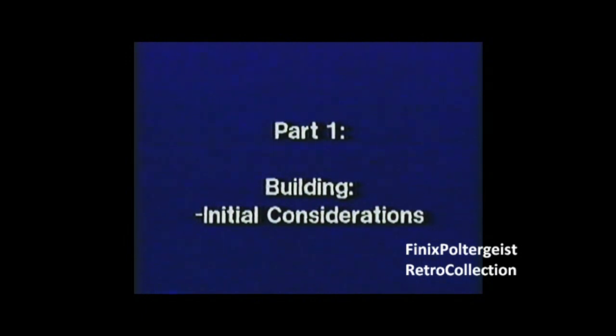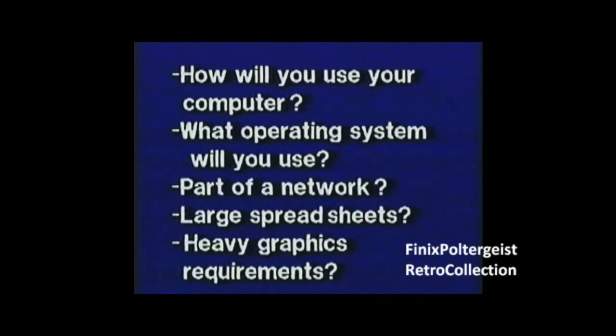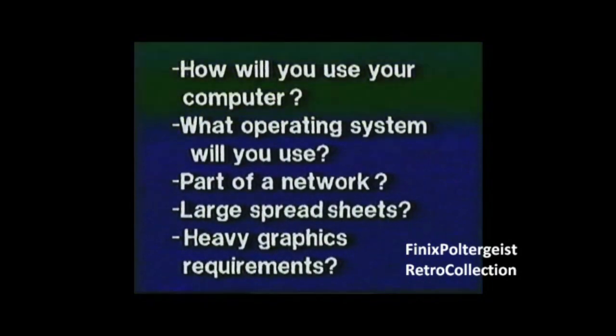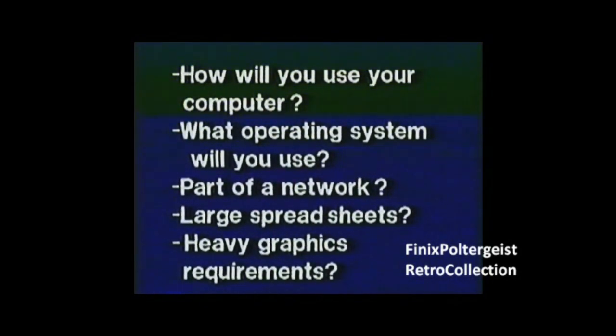If you're going to be building a computer with the aid of this tape, you should have made some essential decisions before you start. You should know generally how your new computer will be used and what type of software you will be utilizing. Will you be using your computer for home or business? Will you be using applications with a graphical user interface? Graphics-oriented applications require more memory. You should have decided on an operating system or DOS.